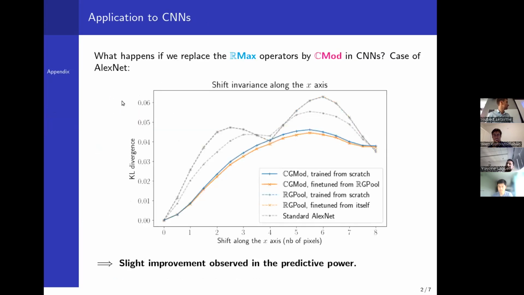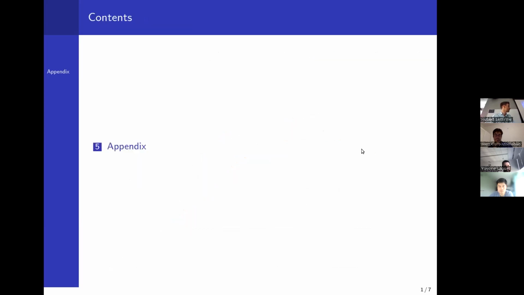We have observed a higher stability, and we actually have observed a slight improvement in the predictive power of the network. So this increase of stability yields an improvement of the predictive power of the network. This is actually a very interesting result.